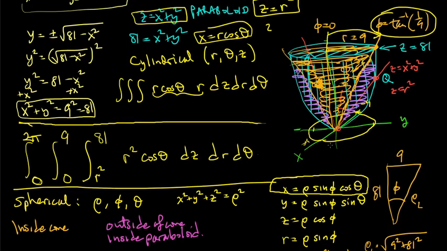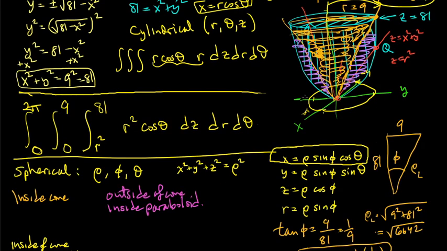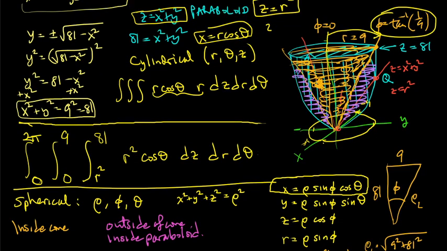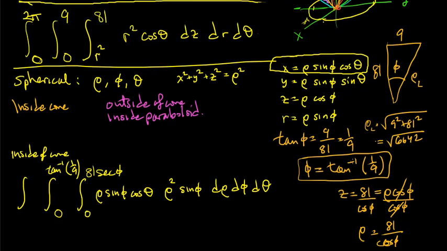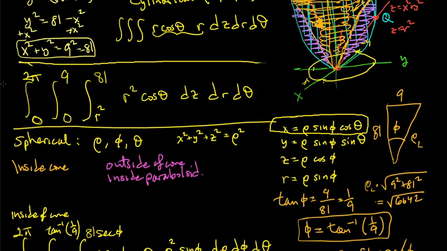Hopefully theta is obvious because we're going all the way around again, from 0 to 2 pi. We're not cutting this in half. We have the whole disk of radius 9 going all the way around, so theta is still going from 0 to 2 pi as it was in cylindrical.